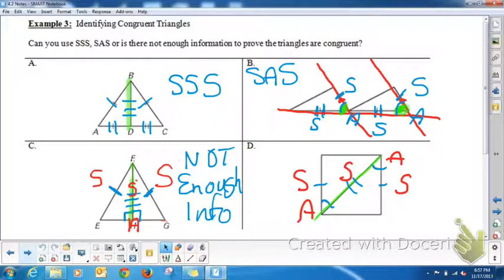So because we have side, angle, side, we can prove these two triangles are congruent using side, angle, side. You wouldn't go the other way. You wouldn't say side, skip this, go here, side, angle. You wouldn't do that. You can only skip over one thing.